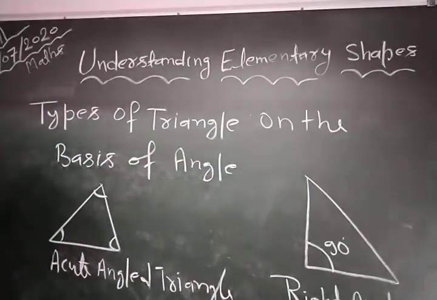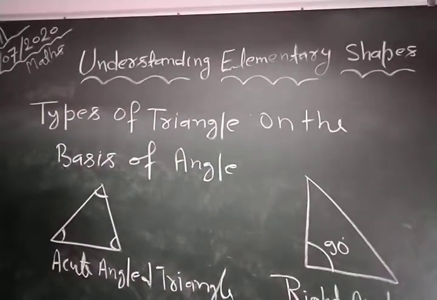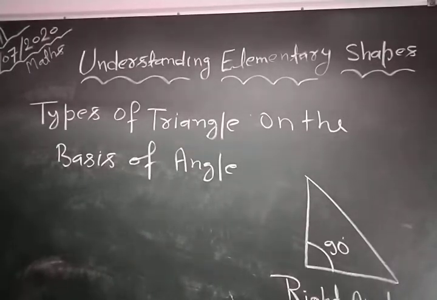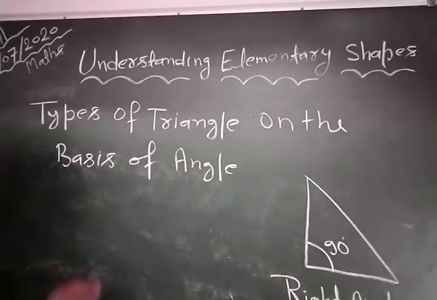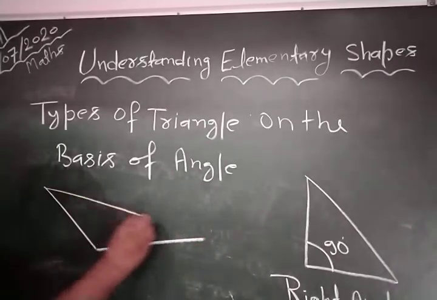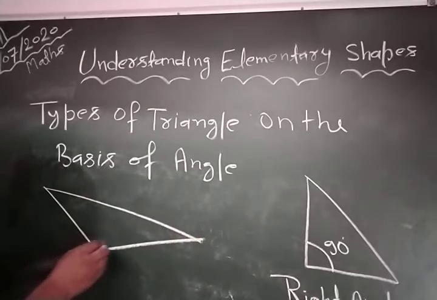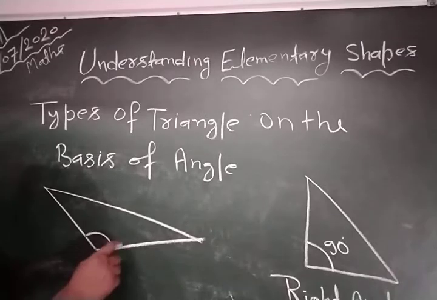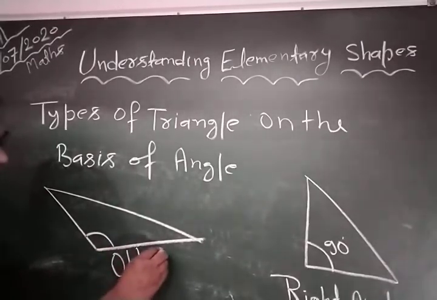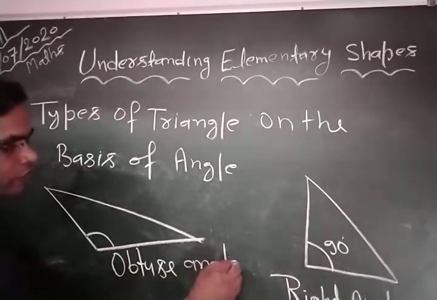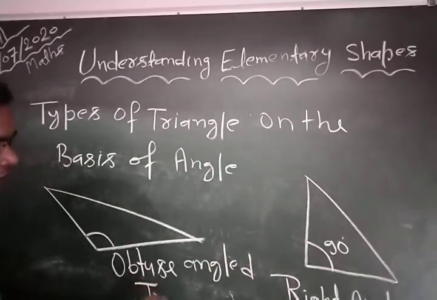And next is the obtuse angle triangle. In a triangle, at least one angle is greater than 90 degrees. This is called an obtuse angle triangle. In this triangle, you can see this angle is greater than 90 degrees. So you can say this is an obtuse angle triangle.